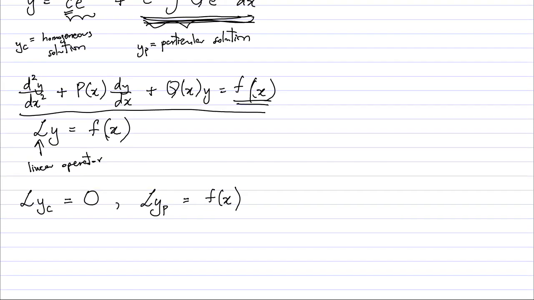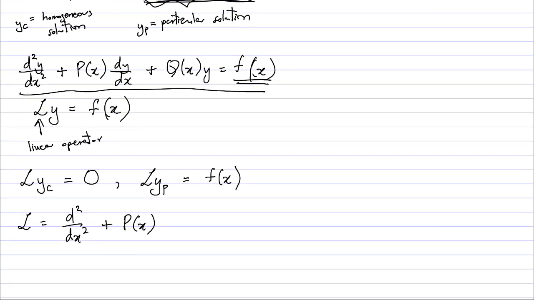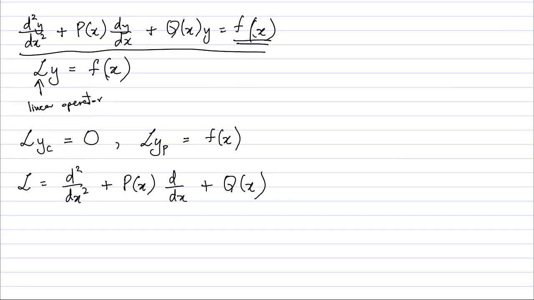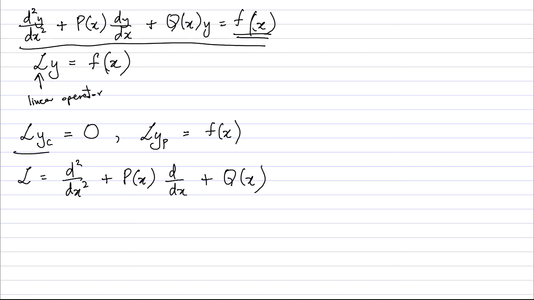Let me just be explicit and write down that L is given by the double derivative plus p of x times the derivative plus q of x. I haven't really specified what p and q are. They're just arbitrary functions of x. They can be constants, of course. That's your linear operator. These two equations just come from the definitions of yc and yp.